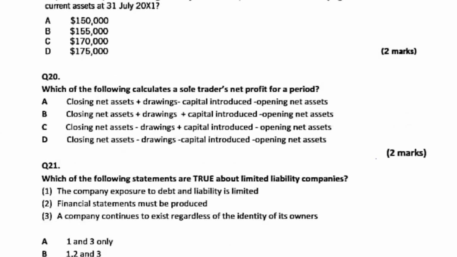B, closing net assets, drawings, plus capital introduced, opening net assets. C, closing net assets minus drawings, plus capital introduced, minus opening net assets. D, closing net assets minus drawings, minus capital introduced, minus opening net assets. All right.